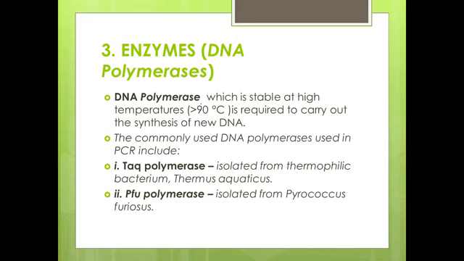So the DNA polymerases which we use in polymerase chain reaction are heat resistant; they do not get denatured at higher temperatures, and they can very well function at higher temperatures. The commonly used DNA polymerases in polymerase chain reaction are: number first, Taq polymerase.